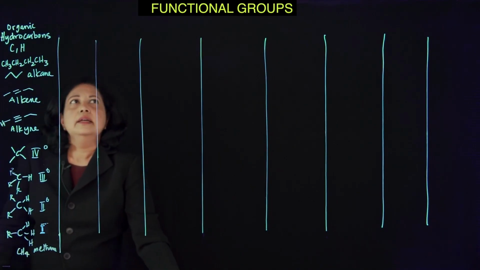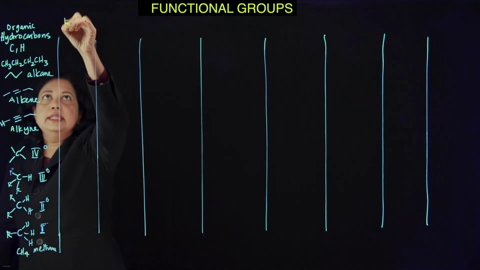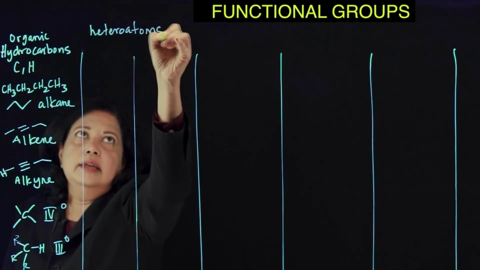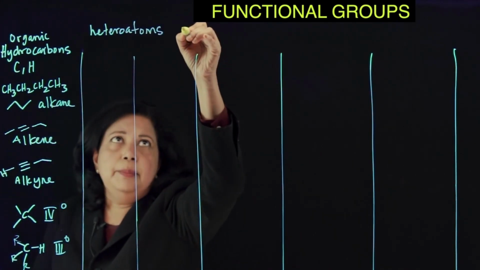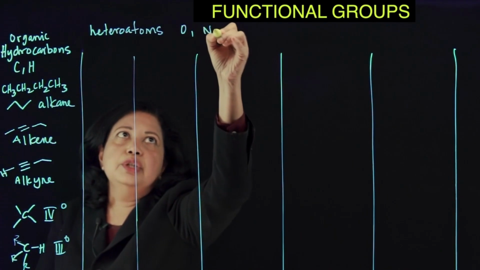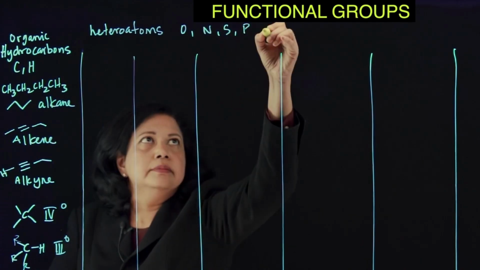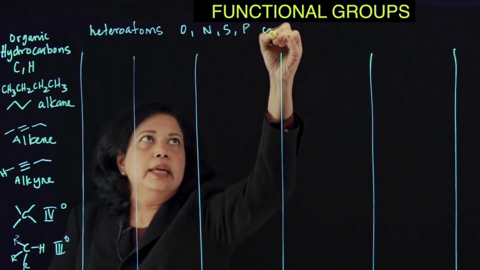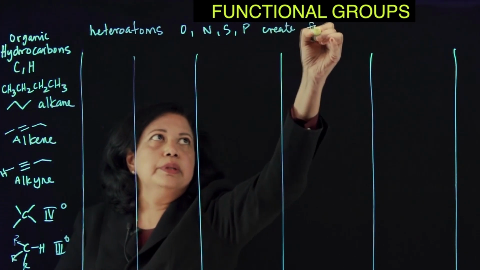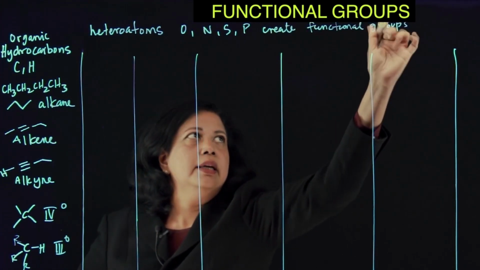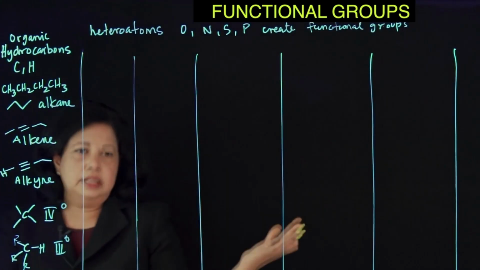Now, if you have heteroatoms, then you have functional groups. Heteroatoms, typically oxygen, nitrogen, sulfur, sometimes phosphorus, and so on, create functional groups on the hydrocarbon. So let's look at an oxygen.